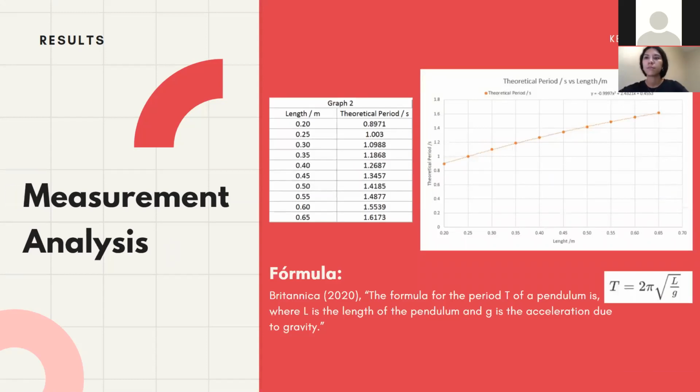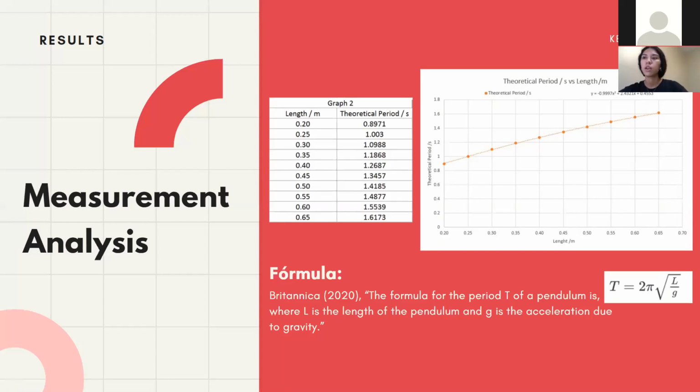Measurement analysis. To calculate the pendulum's theoretical period, I used the formula stated by Britannica 2020. And they mentioned that the formula for the period T of a pendulum is T equals 2 pi multiplied by the root of L divided by g, where L is the length of the pendulum and g is the acceleration due to gravity.